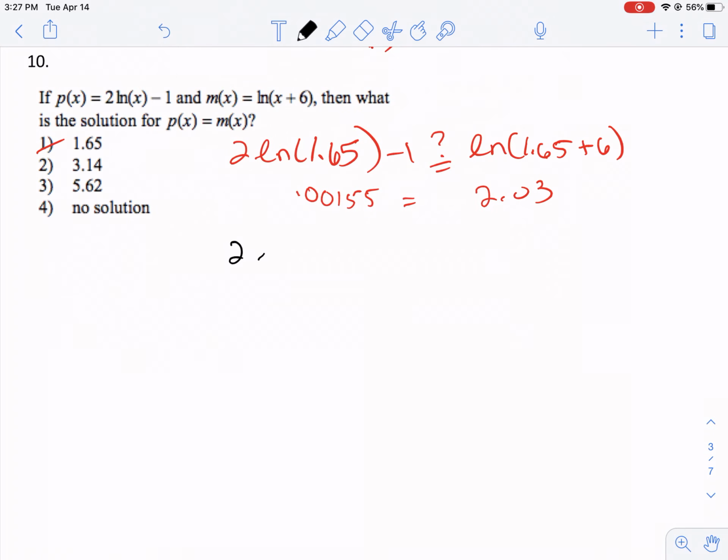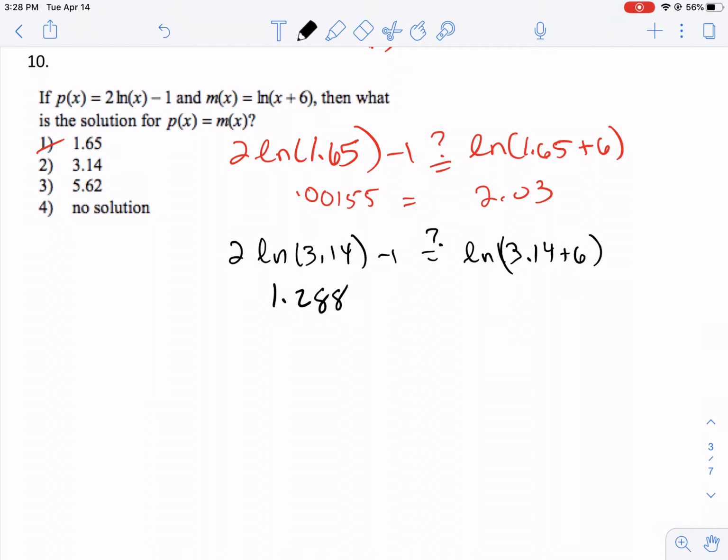So this time I'm going to plug in the 3.14. 2 log 3.14 in parentheses minus 1 is 1.288. And I get 2.21, not even close.